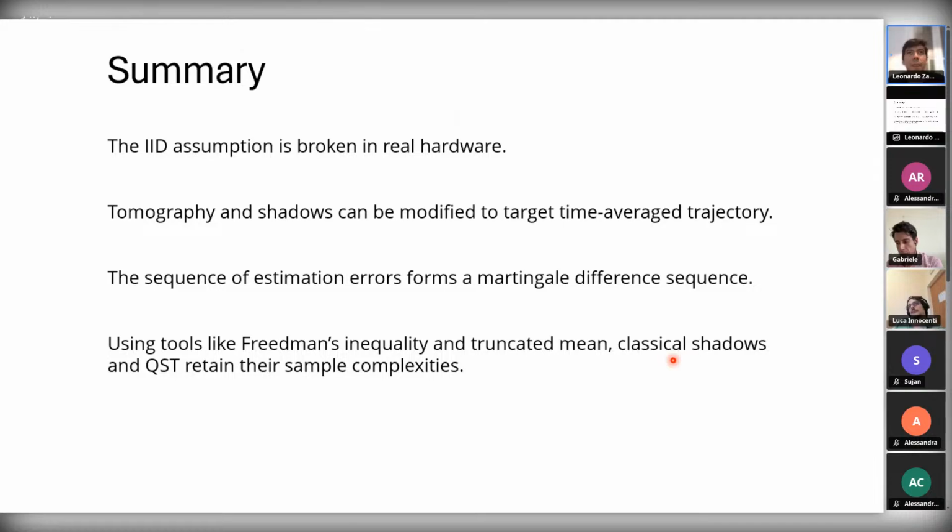Yes, actually, I didn't think about that, but that would be a very good idea. I don't know what techniques I could use. I used these because the proofs could be extended very easily from the standard IID case to this non-IID case to target this average state.